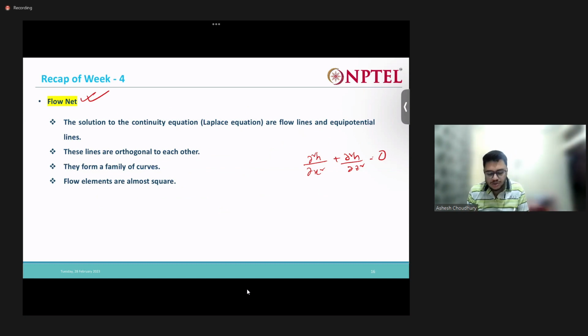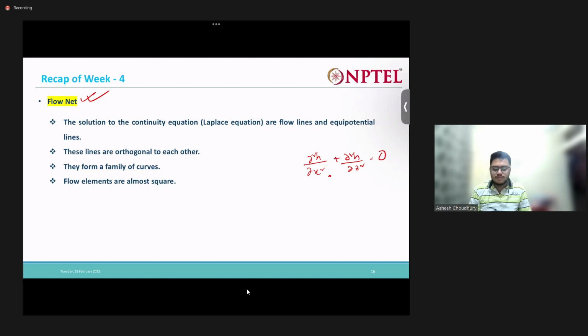The solution of this Laplace equation is actually given by a family of curves. In mathematics we have learned that the solution of second order partial differential equations can be represented using a family of curves. So flow nets are nothing but the solution of this Laplace equation.